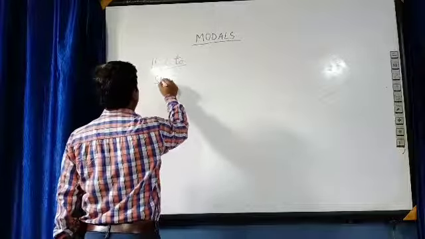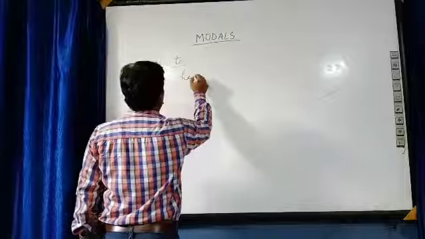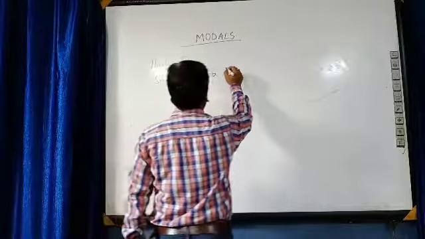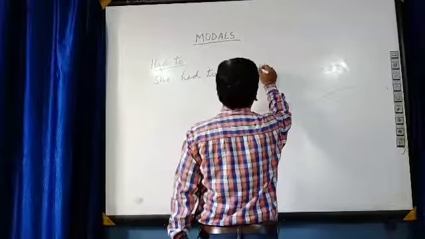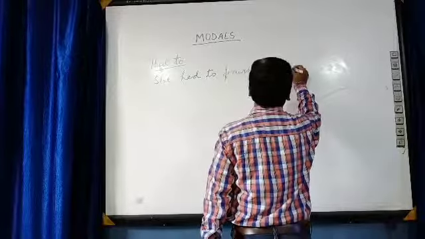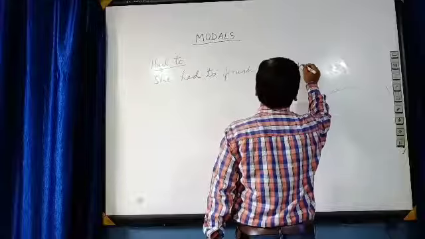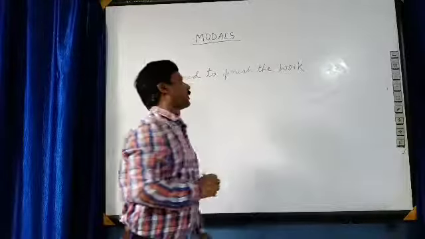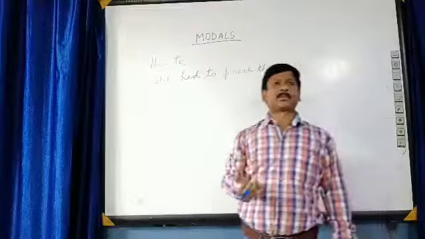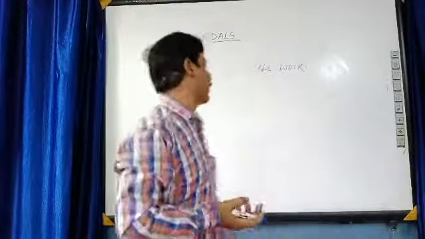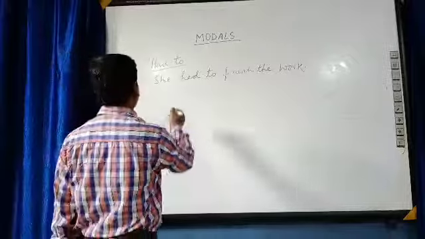You can understand better with this example. She had to finish the work. That means since she had to submit or produce some work there, she had to finish the work before.